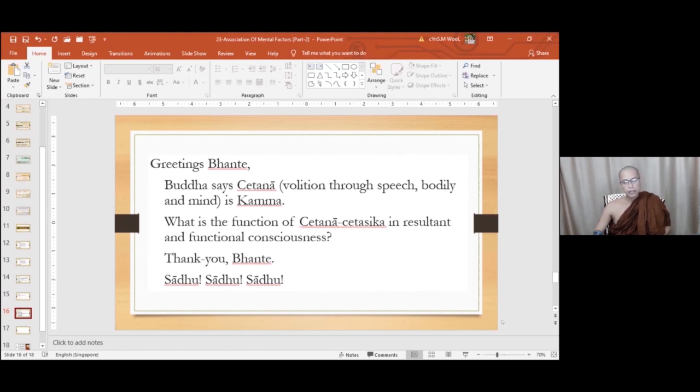That is why the volition arising with functional consciousness and resultant consciousness is not counted as karma, and also they don't have karmic potency. So only the cetana volition with the wholesome and unwholesome is counted as karma. They can perform the function of karma.